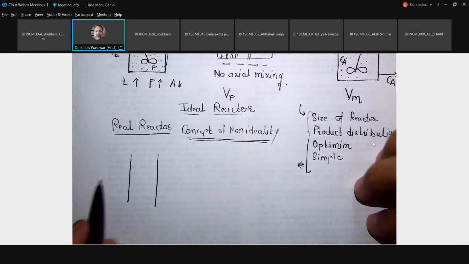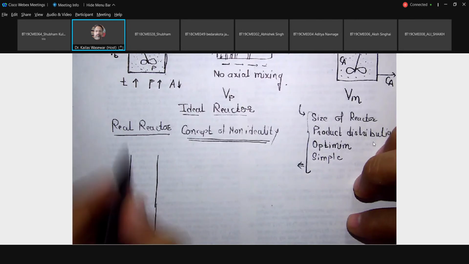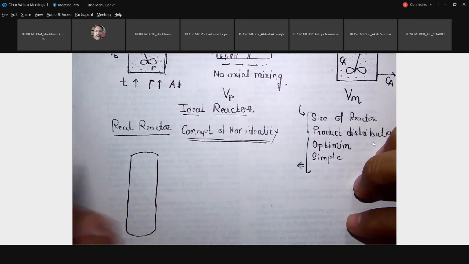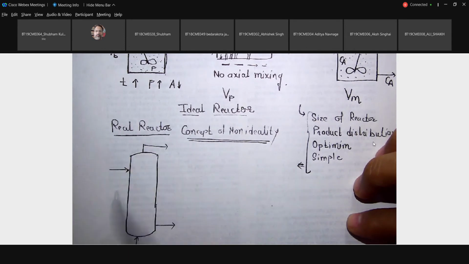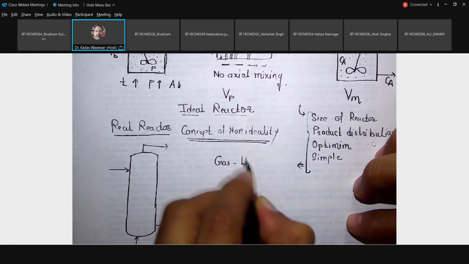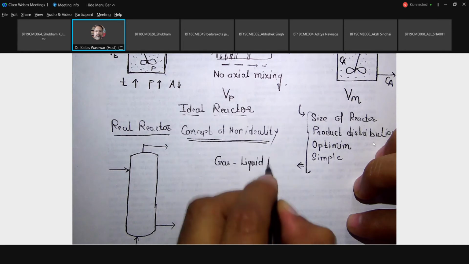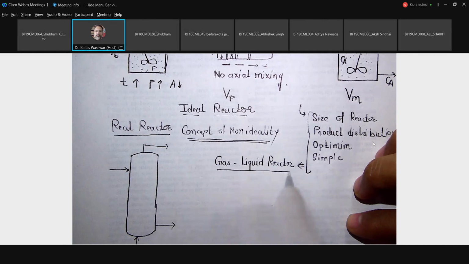So take simply a gas liquid reactor, that means reaction between gas and liquid.